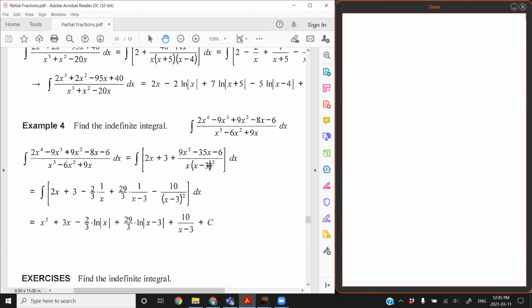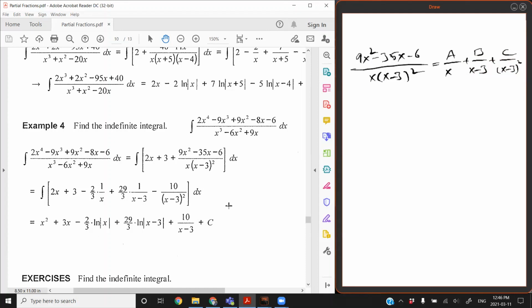So I know that this, 35x minus 6 over x times (x minus 3) to the power of 2, can be written as a over x plus b over x minus 3 plus c over (x minus 3) squared. Then I find a, b, and c. And after that, I just use substitution to find the antiderivative of each part.